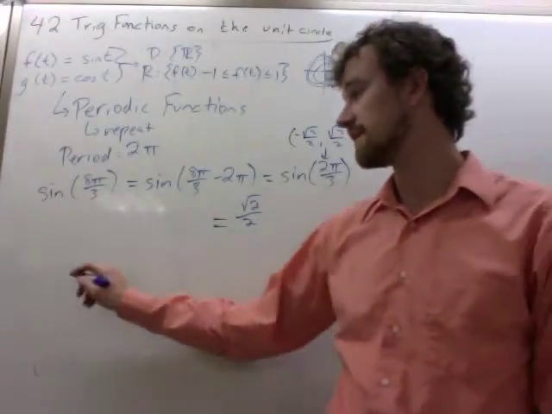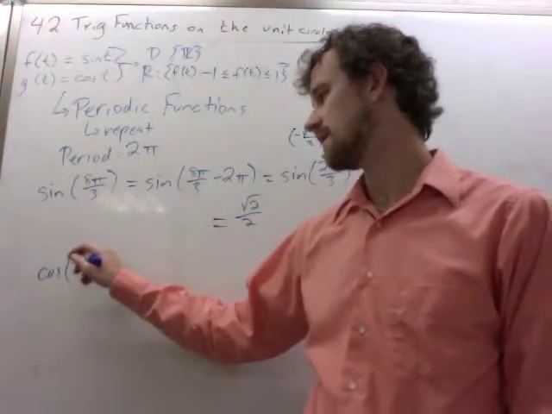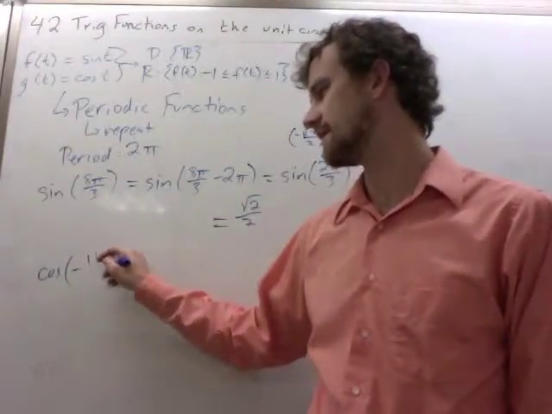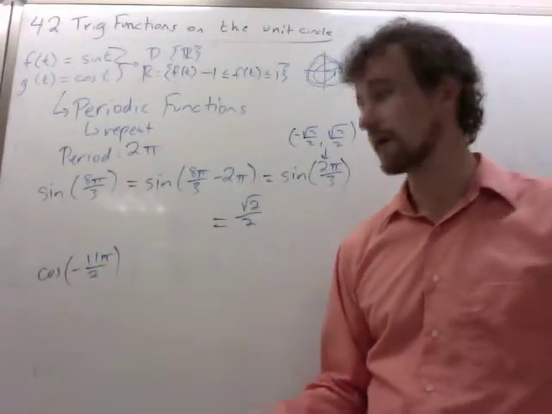Okay. If I ask you to find the cosine of, say, minus, I don't know, 11 pi over 2, we can figure out what that is using the period.